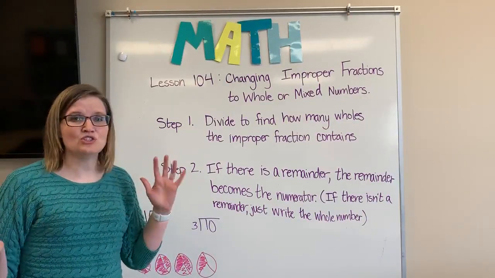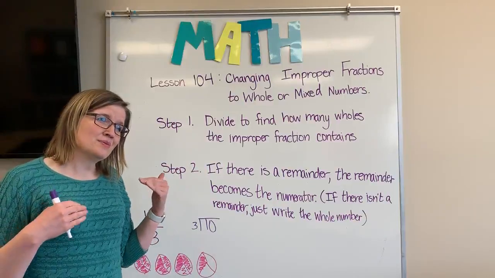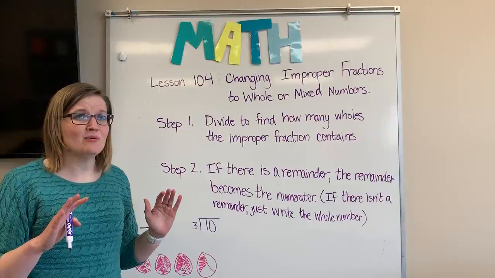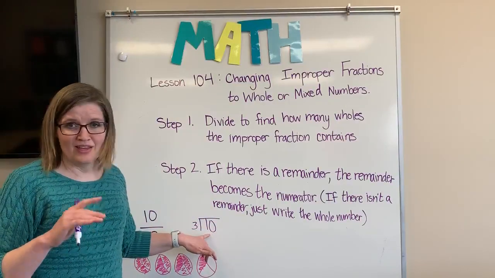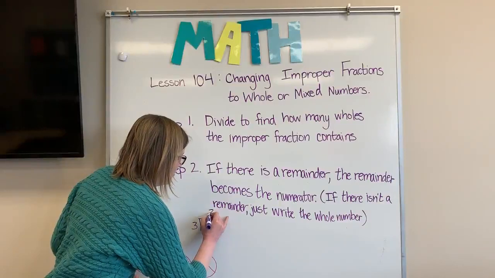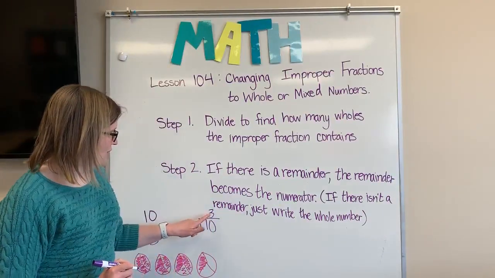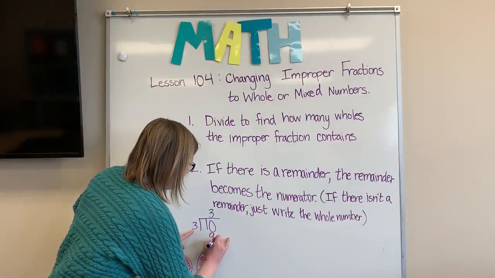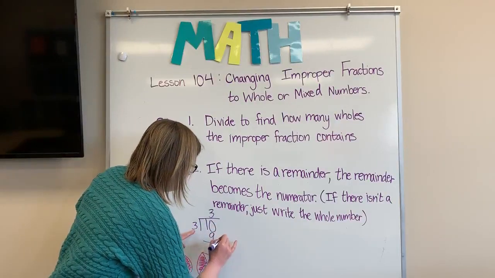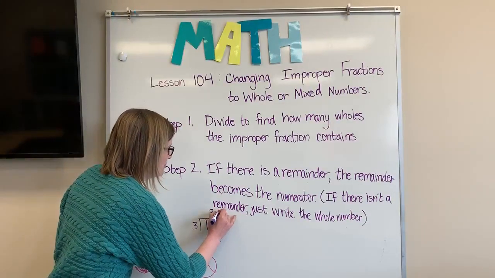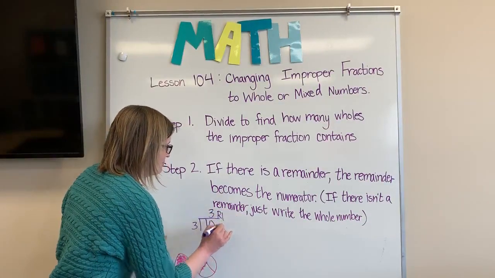Darn it, 12 is too big. 3 times 3 is 9, that's a little small, but it's closer than the other number. So I'm going to put 3 right here. 3 times 3 is 9. And now we have not a happy ending. It's not all nice and tidy, but we have a remainder of 1.